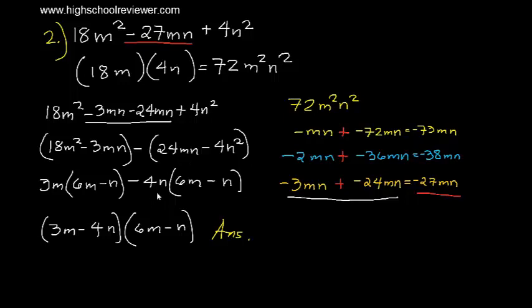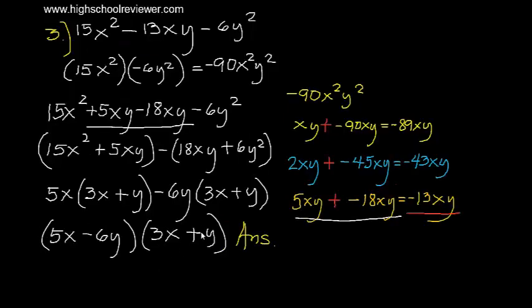The same is true on this quantity. 4n is common between the two terms. 24mn divided by 4n is 6m. 4n squared divided by 4n is negative n. So the two terms on this quantity are the same. We can combine them as 1. And we can also combine 3m minus 4n. We have here the quantity of 3m minus 4n multiplied by the quantity of 6m minus n. This is our final answer.